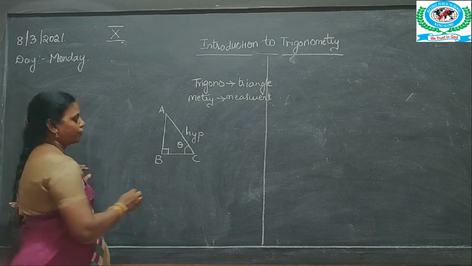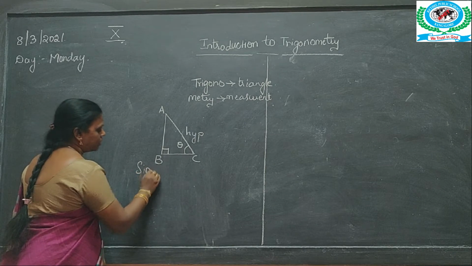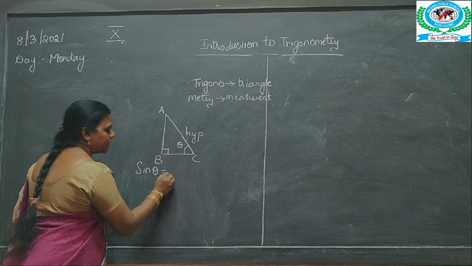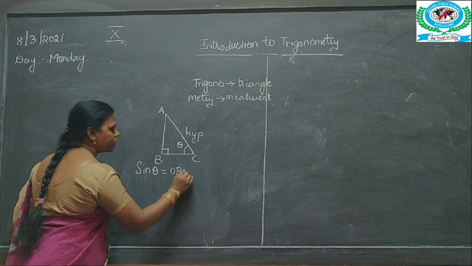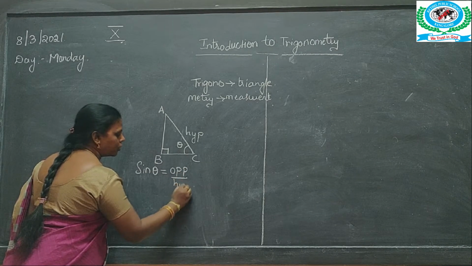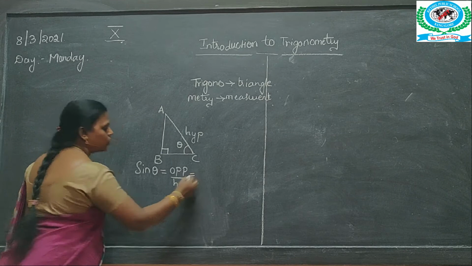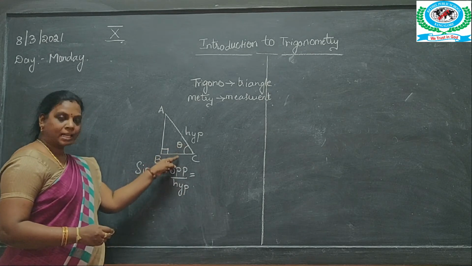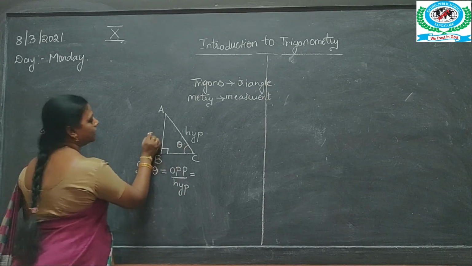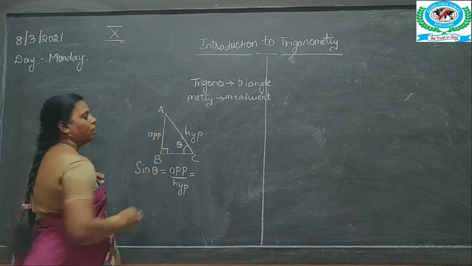Sine of theta will be equal to opposite by hypotenuse. Since we have taken theta at C, AB becomes the opposite side.